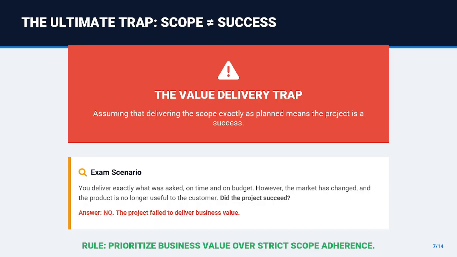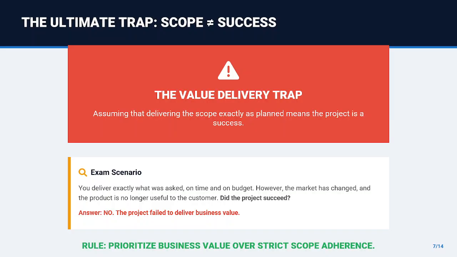Let's talk about the ultimate business environment trap, the value delivery trap. Look at the warning on your screen. The trap is assuming that delivering the scope exactly as planned means the project is a success. Rule: scope completion does not equal project success.